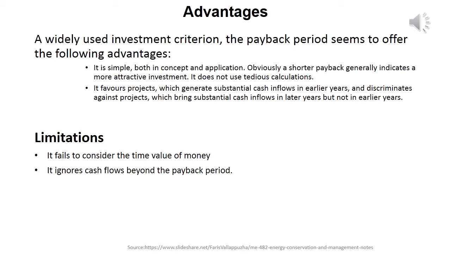The project which gives us a fast payback, so that we are able to earn the profit. If the project is not able to give you the payback in the first few years, then you have to reject that project. But whenever there are advantages, there are some limitations also.